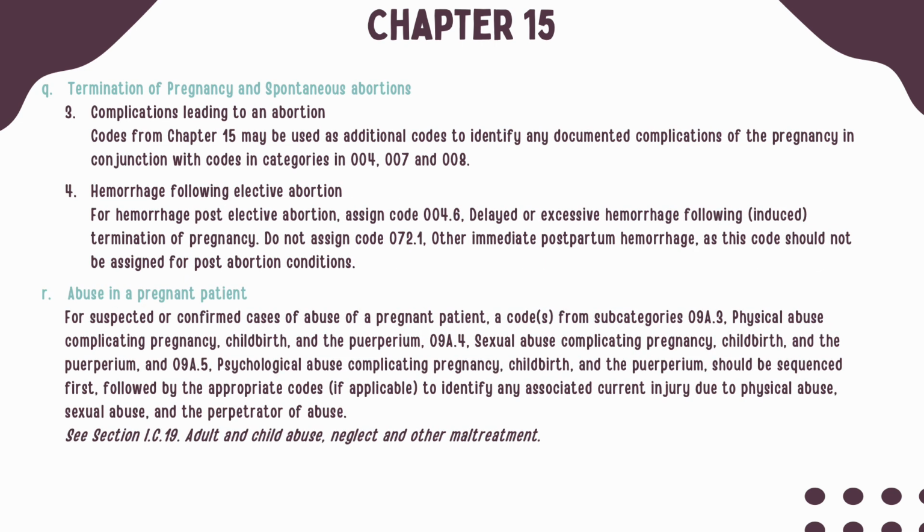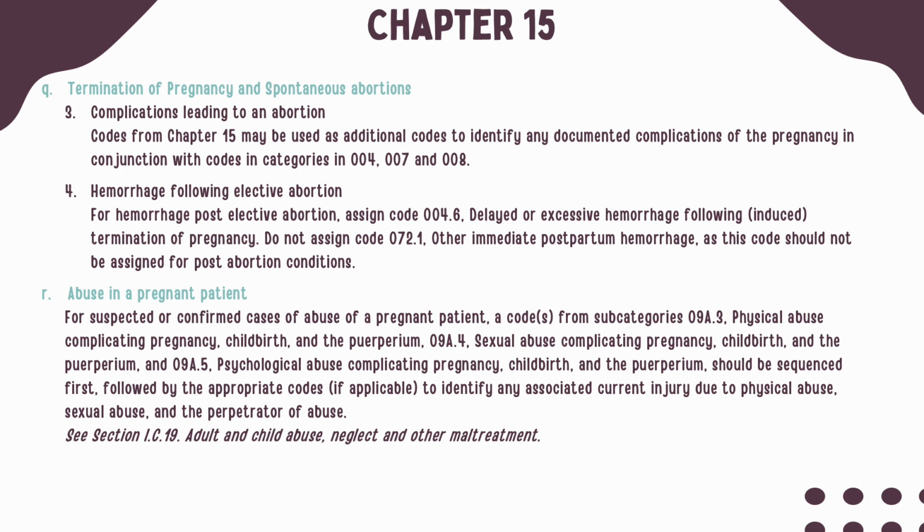When complications of the pregnancy are documented, codes from Chapter 15 can be assigned following codes in O04, O07, and O08. When hemorrhage occurs after an elective abortion, code O04.6 should be assigned, not O72.1.